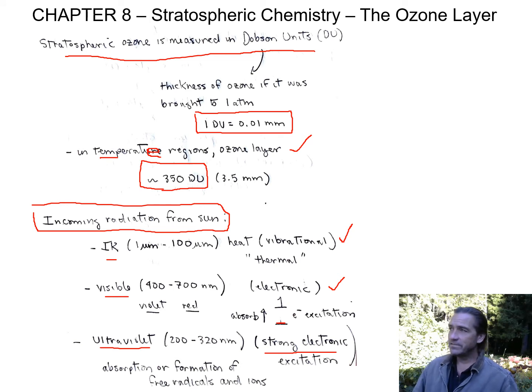And in some cases, you can actually get a breaking of a bond, or ionization, or the production of an excited state. Ultraviolet is similar to visible, but depending upon how high the energy of the ultraviolet is, you can again form free radicals and ions.